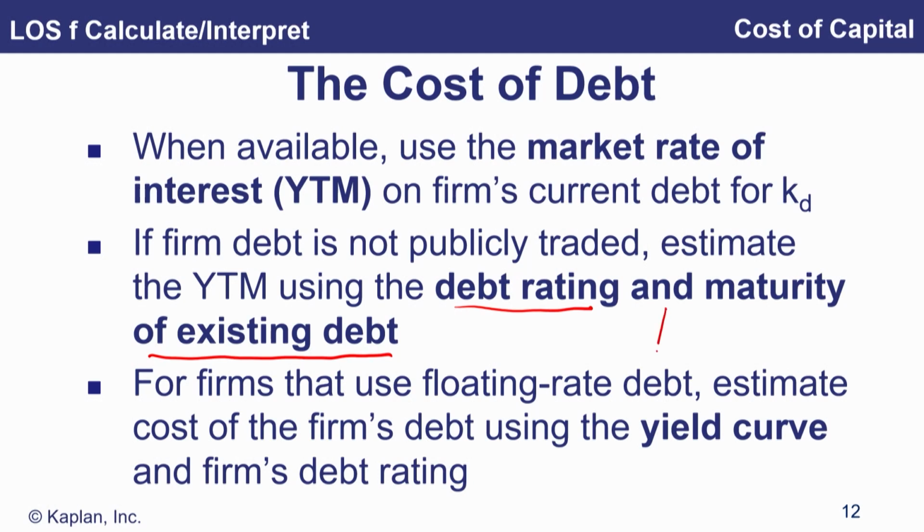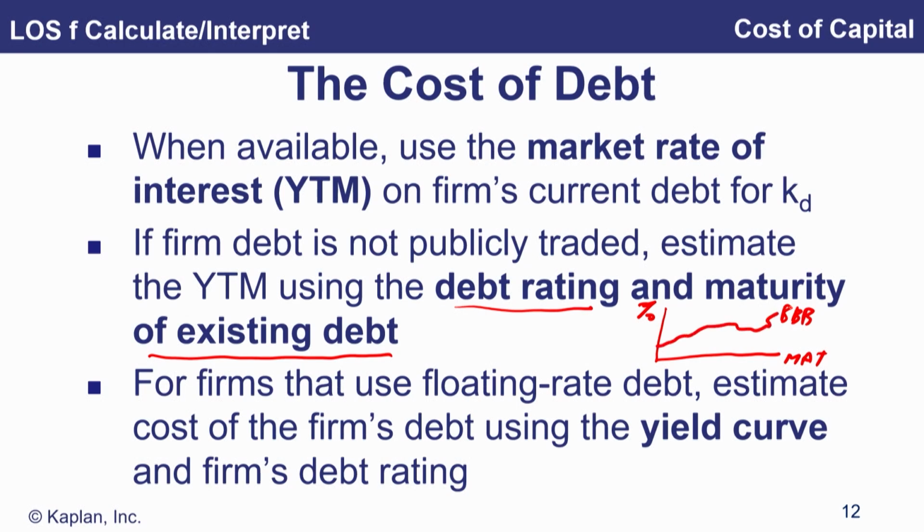So maybe we go on to Bloomberg and we issue debt, and our debt is BBB. We've got BBB debt. And here's the maturity here. And we look at the yield curve, yield to maturity, in the marketplace for BBB debt.